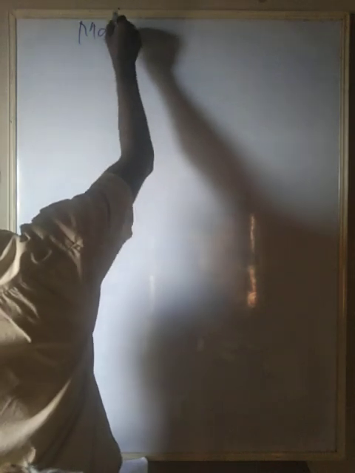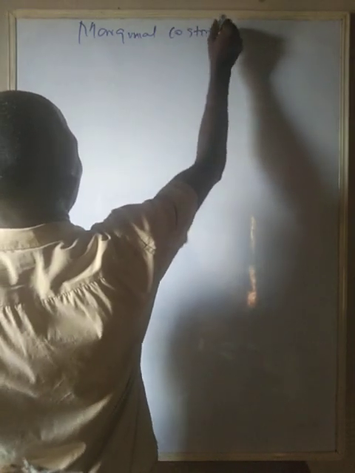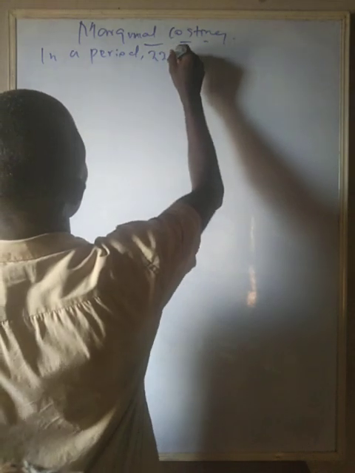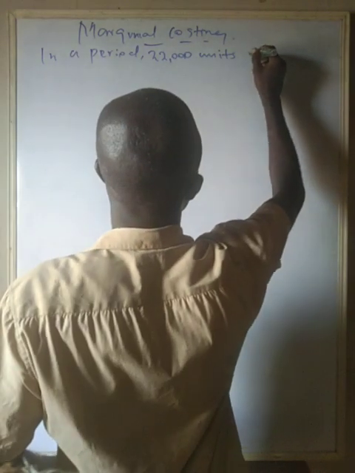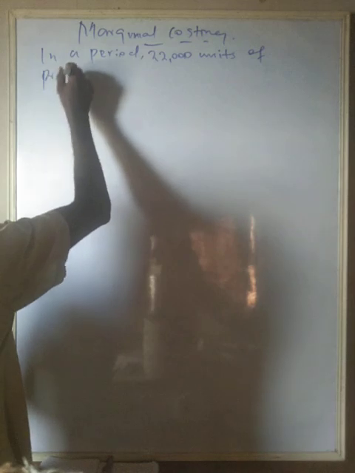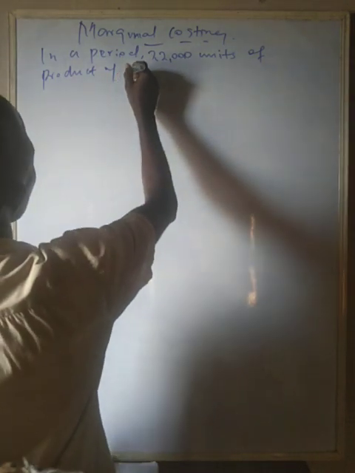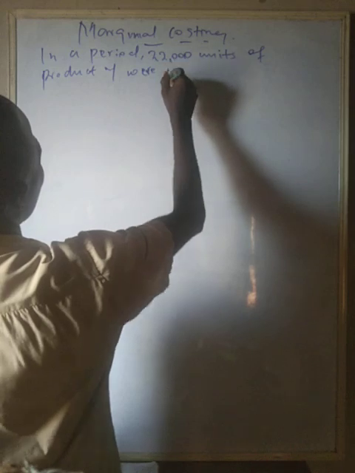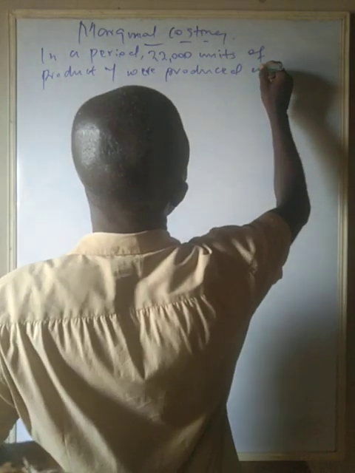Marginal costing. The question says, in a period 22,000 units of product Y were produced and sold.